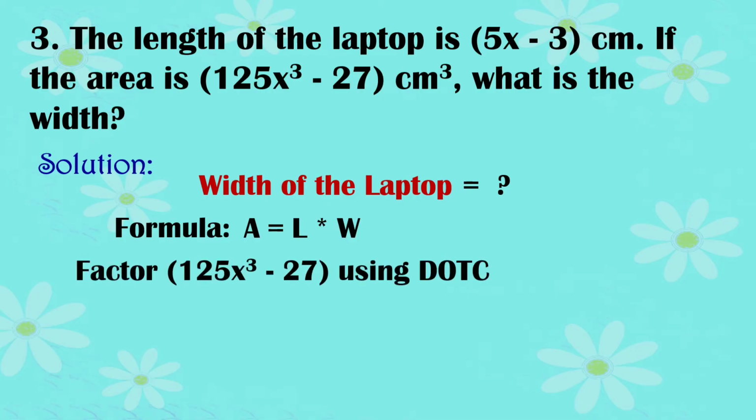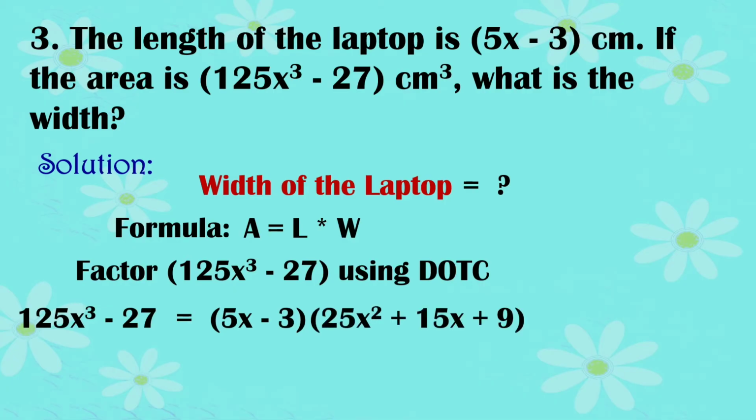So, gagamit tayo, ipapactor natin si 125x cubed minus 27 using DOTC. Ayan. So, ang factor niya ay quantity 5x minus 3 times quantity 25x squared plus 15x plus 9. So, dapat alam nyo na kung paano mag-factor, kasi application na tayo.